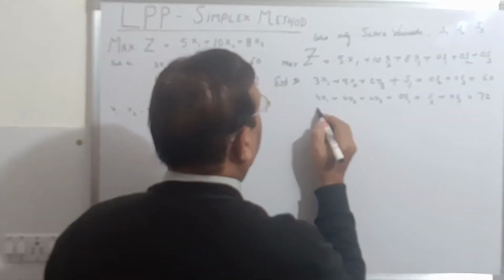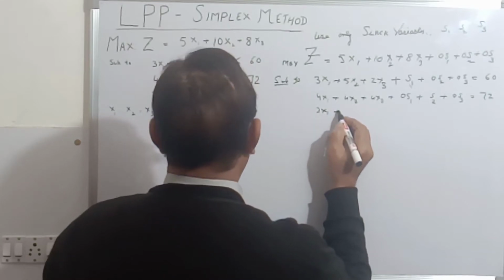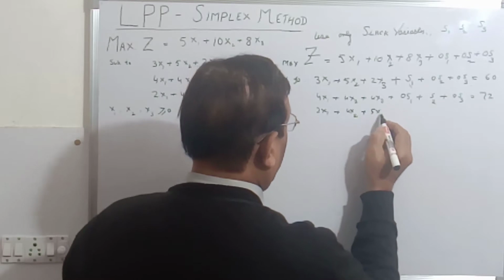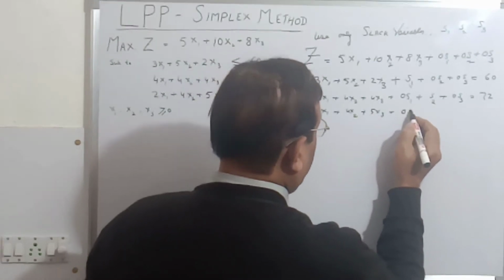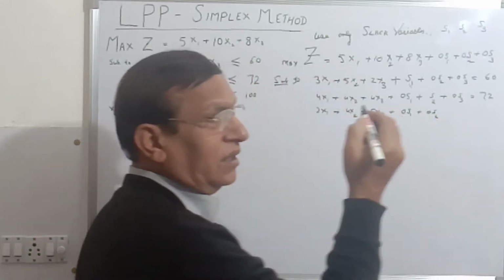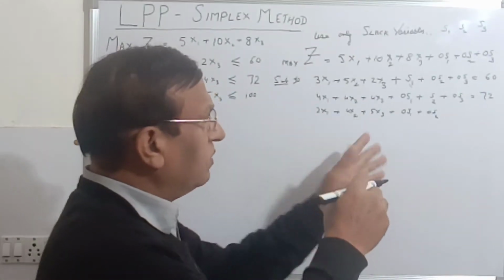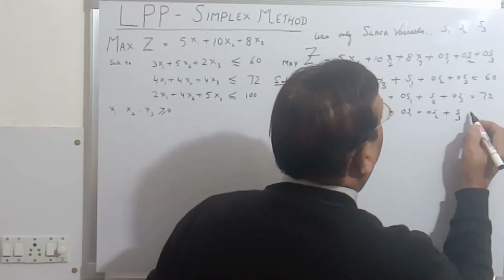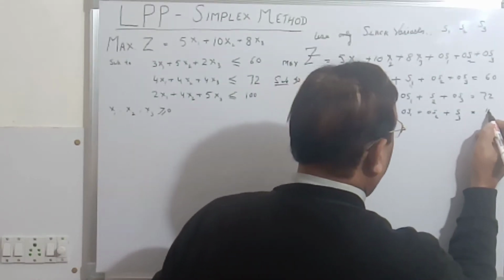Now the third equation, 2x1 plus 4x2 plus 5x3 plus here no S1, no S2 means 0. Anything multiplied with 0, this is for the sake of symmetry. Then plus S3, and this is 100.